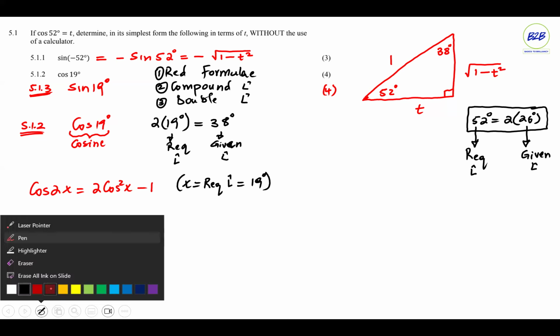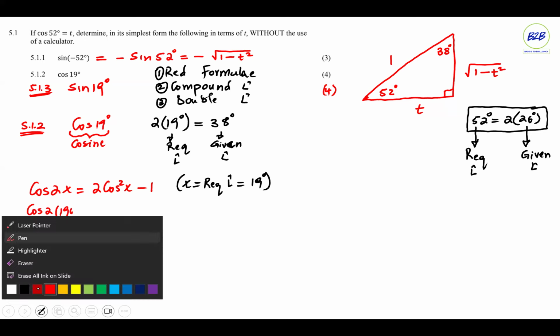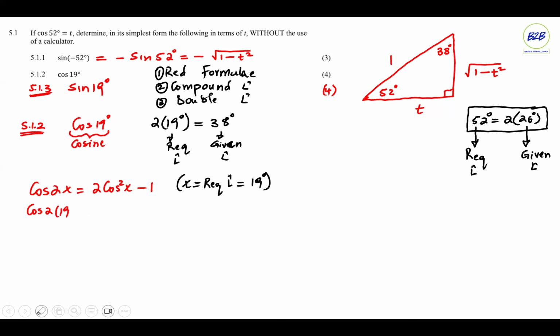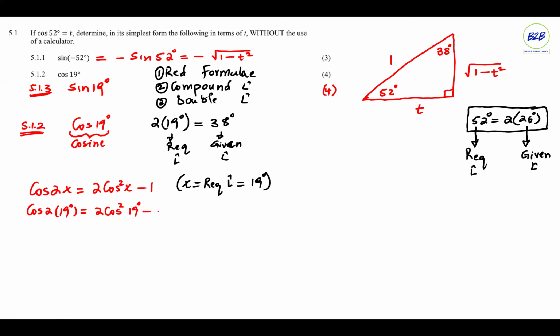So we must substitute here and say, okay, cos 2, in the place of x, we substitute 19 degrees, equal to 2 cos squared x. In the place of x, we substitute 19 degrees, and then we say minus 1.